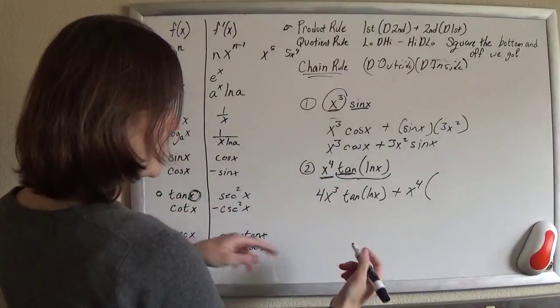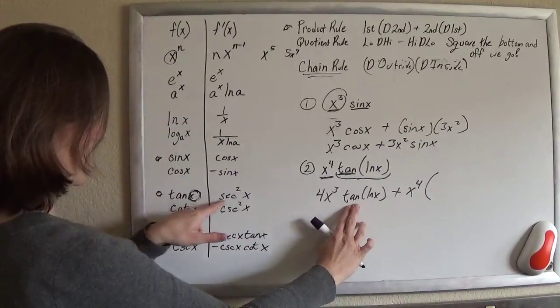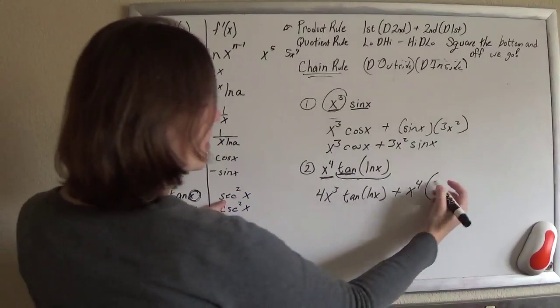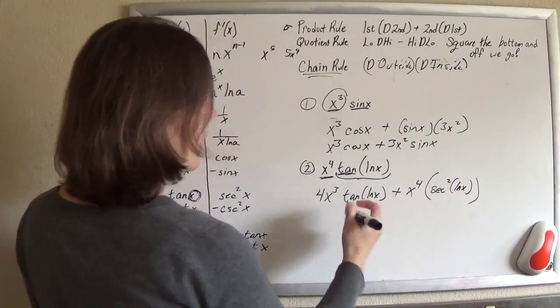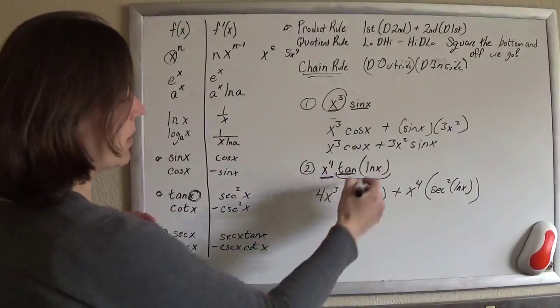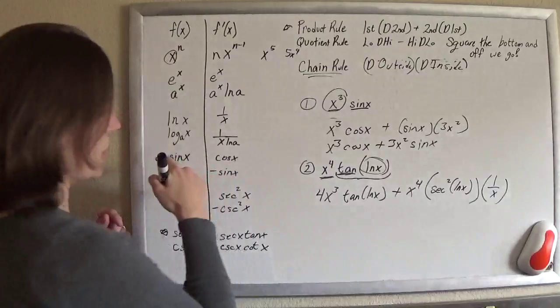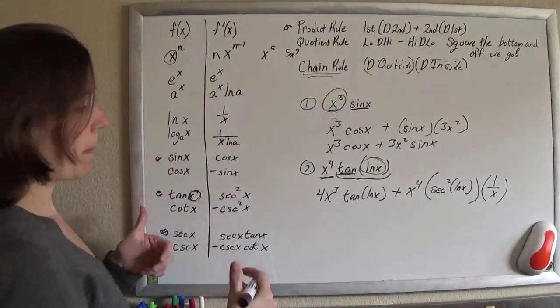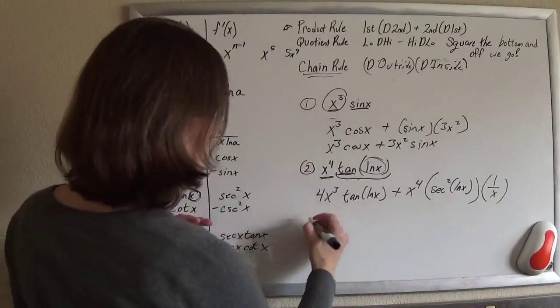Chain rule says take the derivative of the outside function first. The derivative of tangent is secant squared. So secant squared, leave that inside alone. And then take the derivative of the inside. The derivative of the ln of x is 1 over x. And again, you could clean that up a bit if you wanted to.